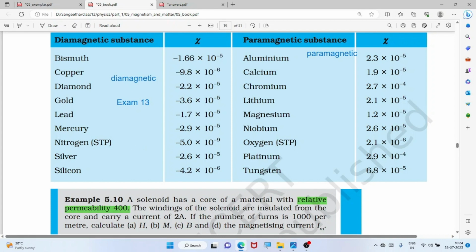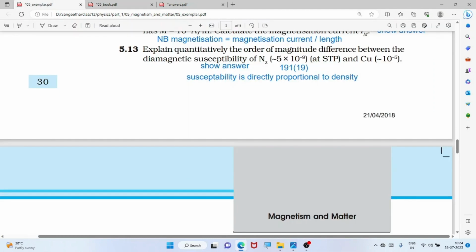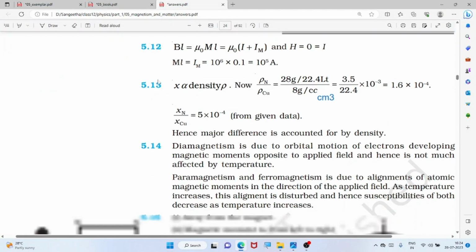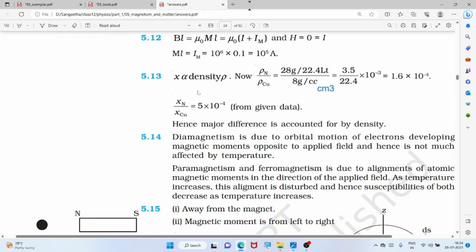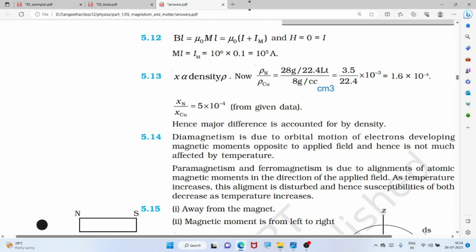Susceptibility is directly proportional to the density. You see the density difference, so the susceptibility also varies accordingly from the given data. Hence, the major difference is accounted for by the density. Because the density of the material varies, the susceptibility also varies.